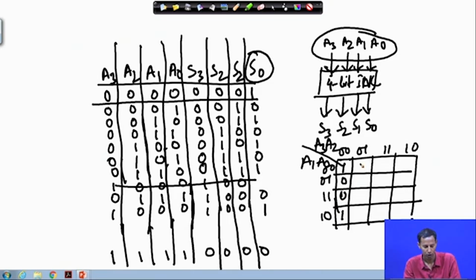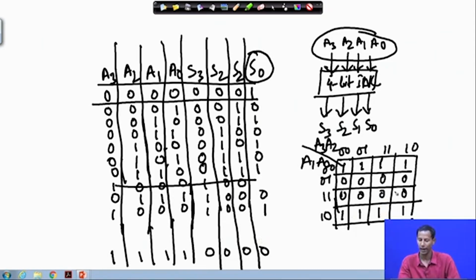Again for 0 1 0 0, it is 1. For this is 0, for this is 0, for this is 1. Then for 15, this is 0, and for 14, this will be 1.